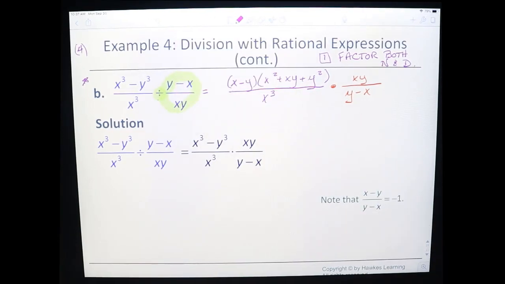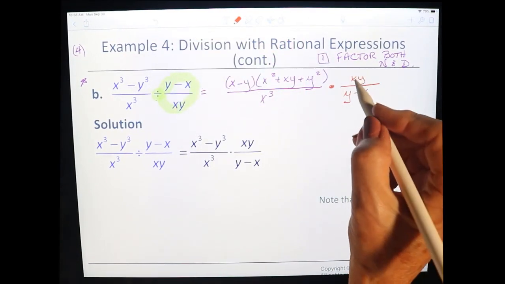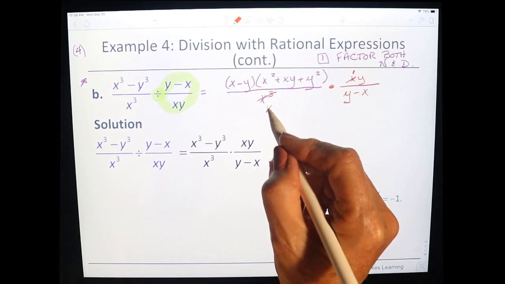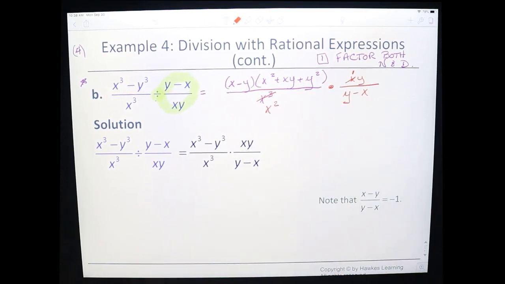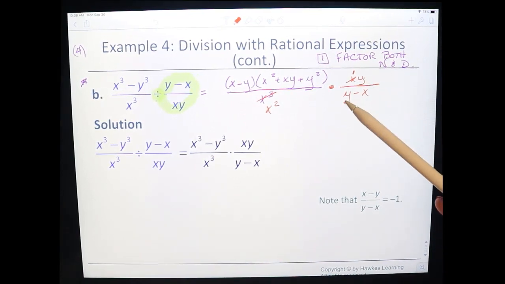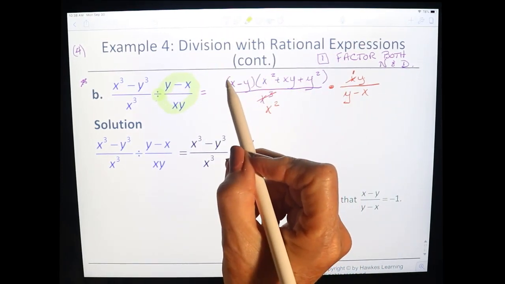All right, an important thing that I'm noticing here, I see an x factor here that will remove one of these x factors in the denominator. So that comes down from an x cubed to an x squared in that denominator. Remember, you cannot cancel this factor y with that y because that y is not a factor. It's connected by a subtraction operation. And here was the reason I wanted to work this problem.